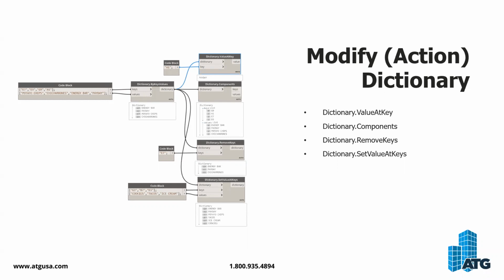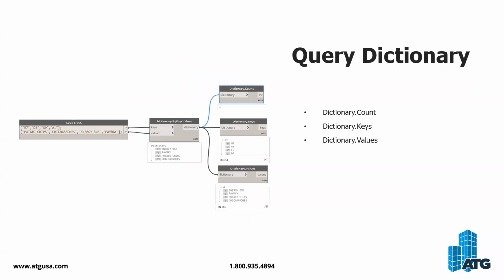We can also set values. We can add additional keys and values to our dictionaries, as well as override ones that already exist. We can also query things in our dictionary. We can count the number of items in our dictionary, and we can get the keys and get the values as separate nodes.